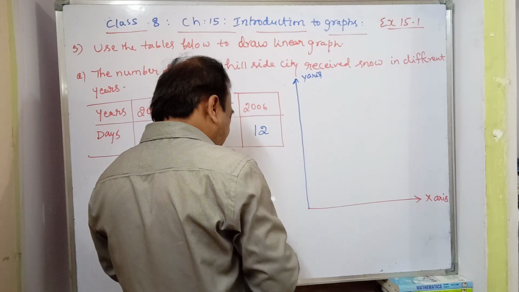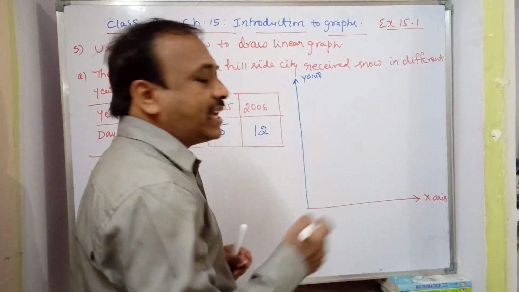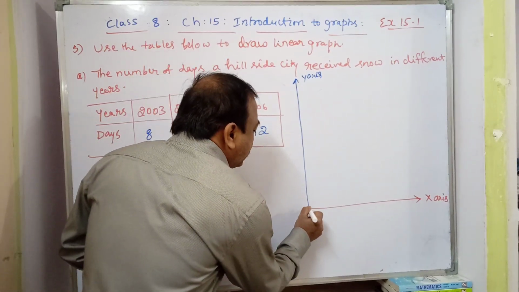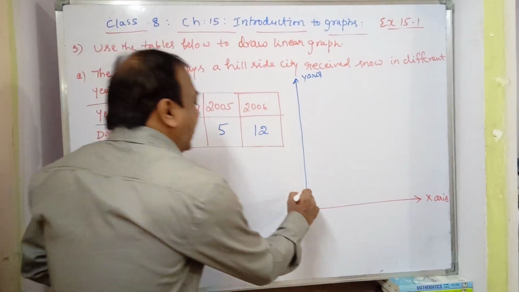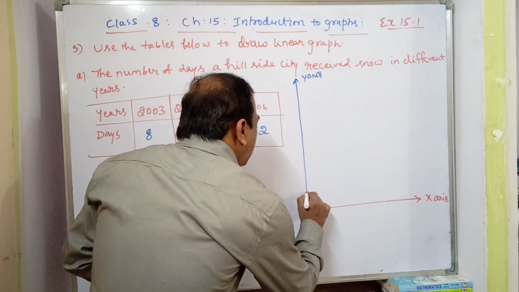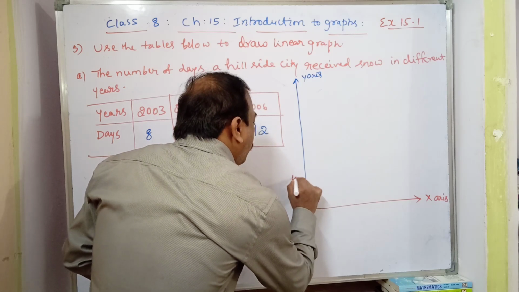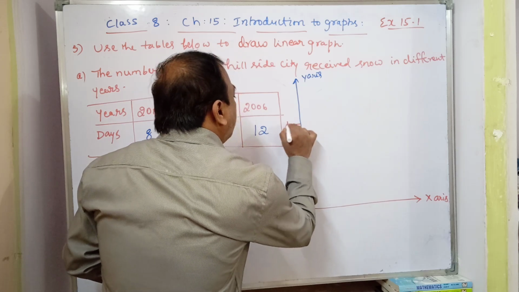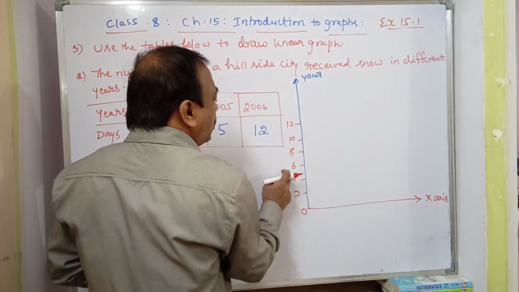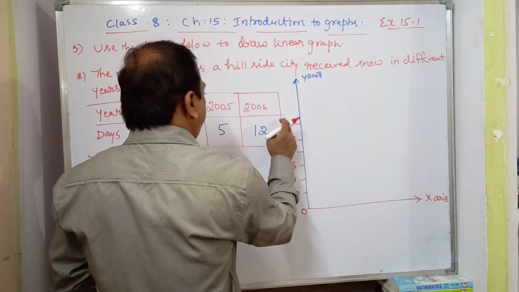Where the two axes meet, the point is the origin, 0. Equal intervals must be taken: 0, 2, 4, 6, 8, 10, 12.